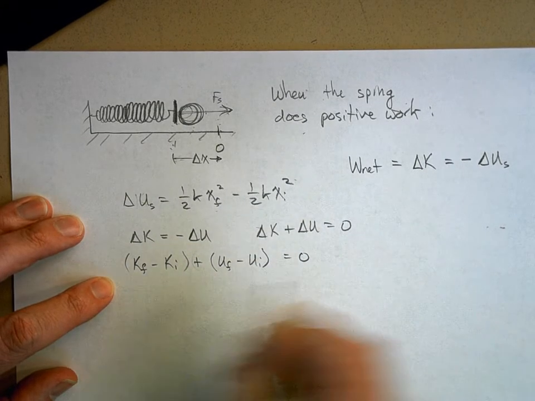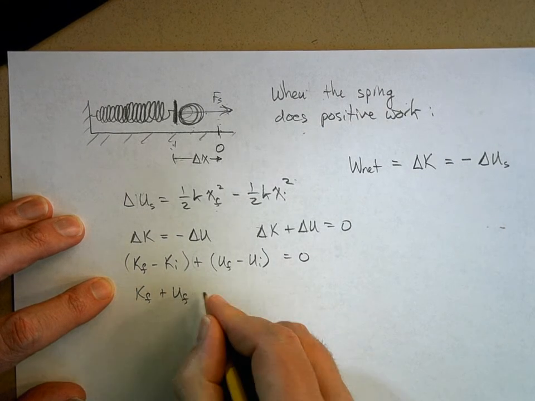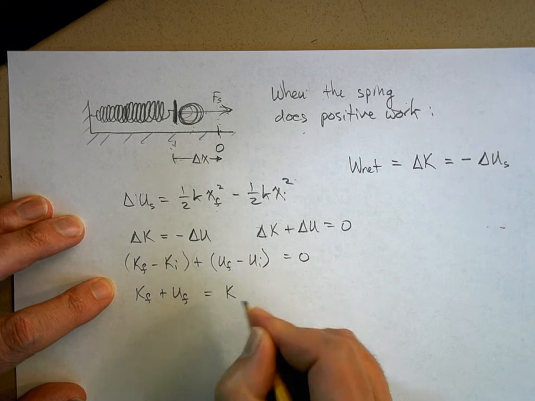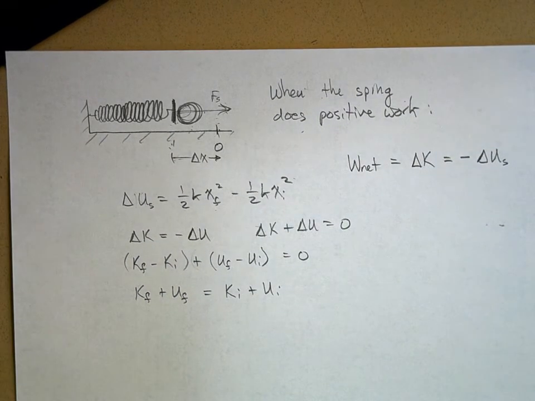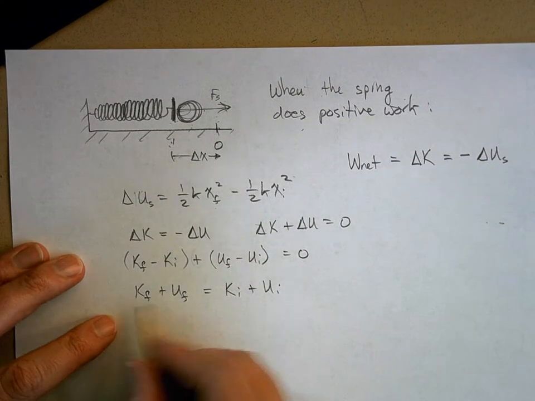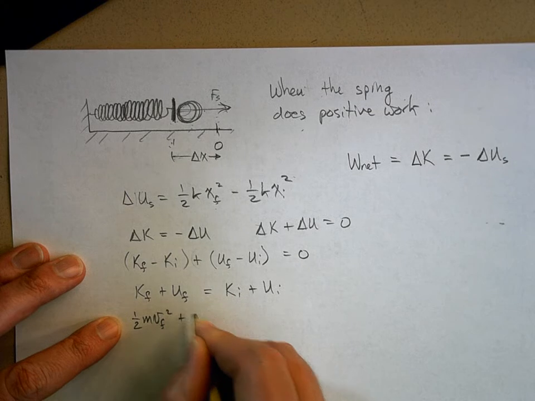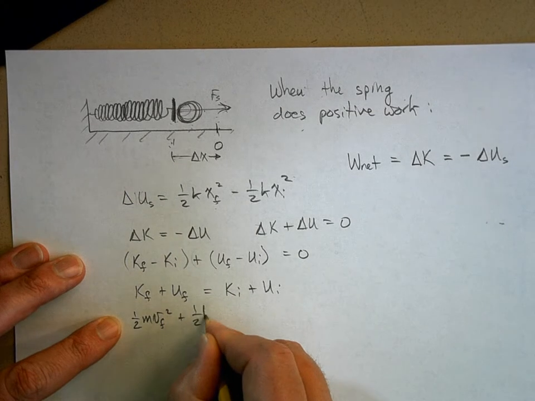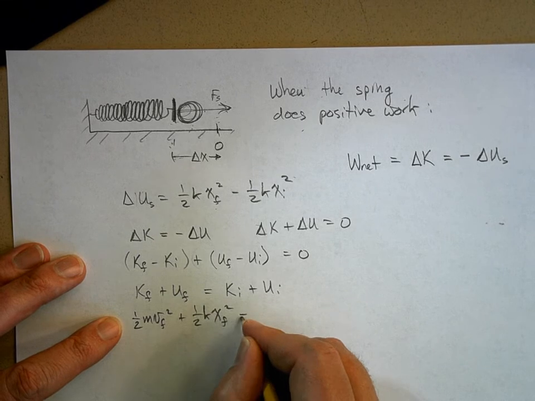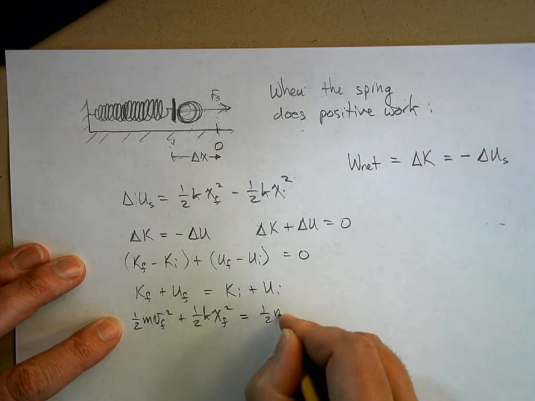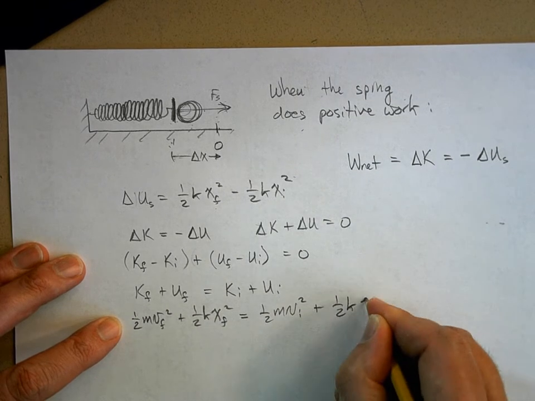So now I'm going to put the final stuff over here. And what would this be, by the way? This would be 1/2 m v final squared plus 1/2 k x final squared equals 1/2 m v initial squared plus 1/2 k x initial squared.